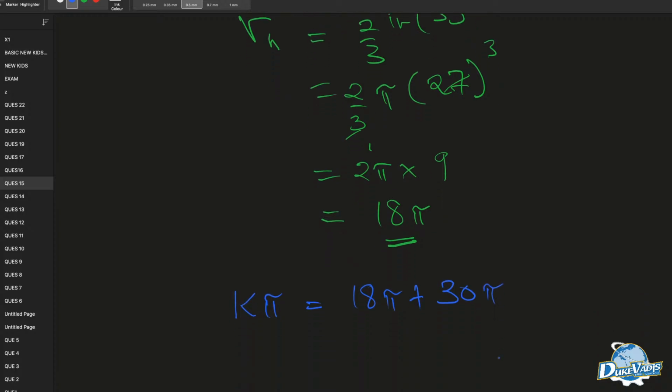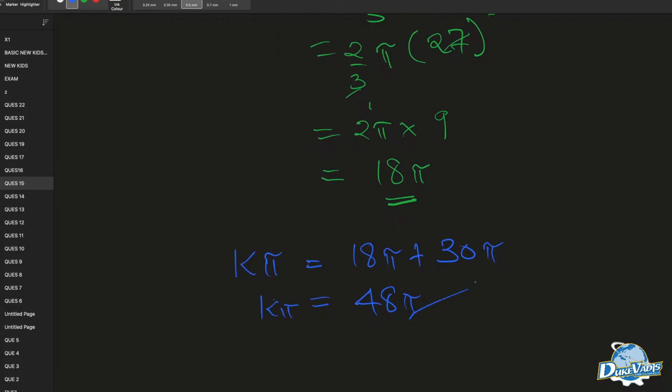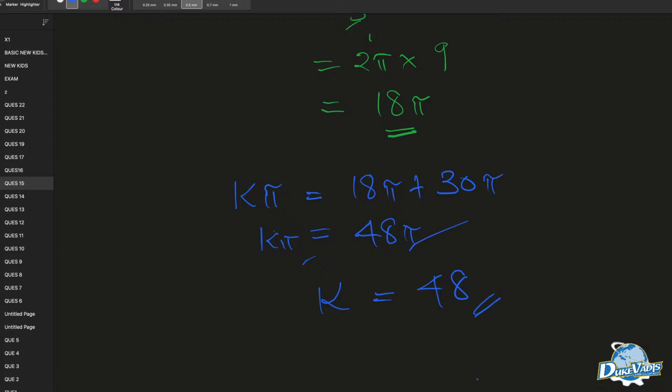So this will give us 48 pi, and this K pi. So pi will cancel each other, and our K will be 48. So that is the answer for question number 15.